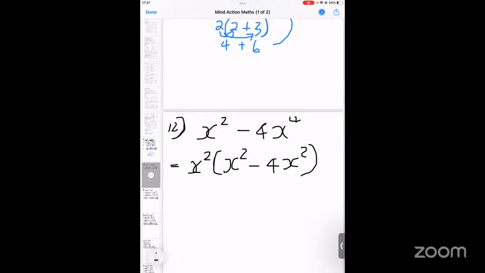Then I said x squared bracket, x squared minus 2 to the power of 2, x to the power of 2.